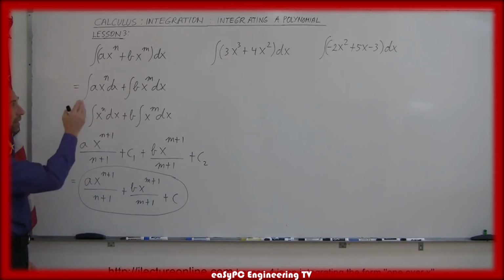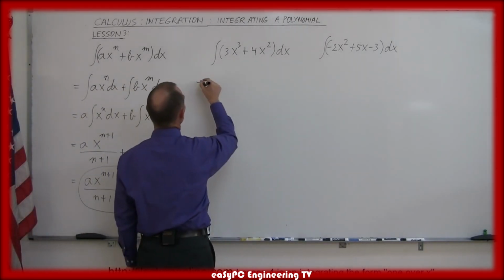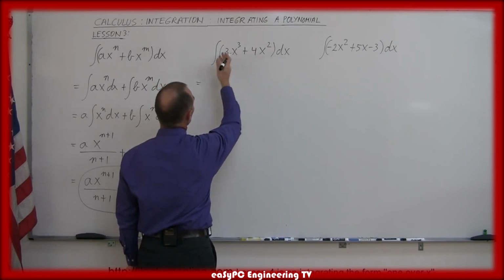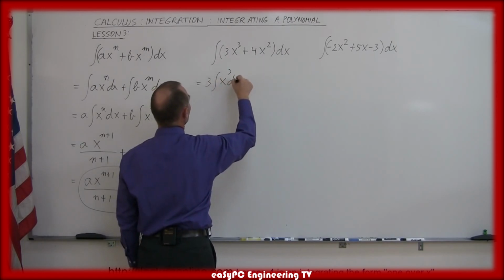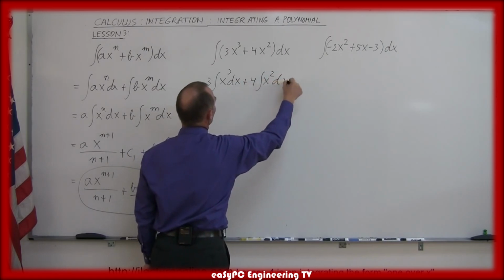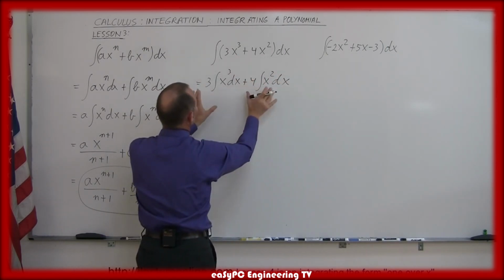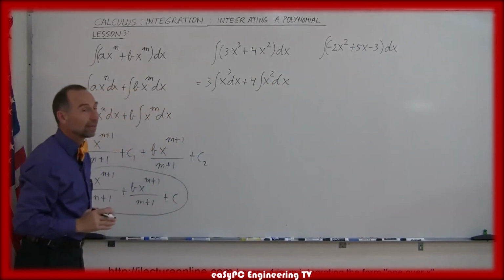To illustrate that, here's a couple of examples. First, we separate this into two integrals and move the constants out. So this is 3 times the integral of x to the third power dx plus 4 times the integral of x squared dx. We first separated the two terms in the polynomial as two separate integrals, and moved the constants forward outside the integral sign.